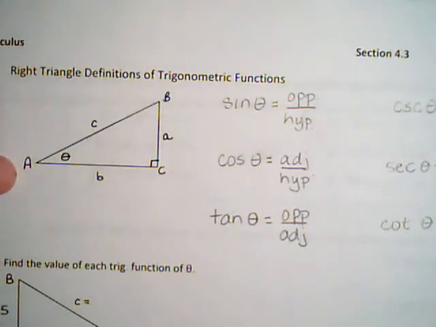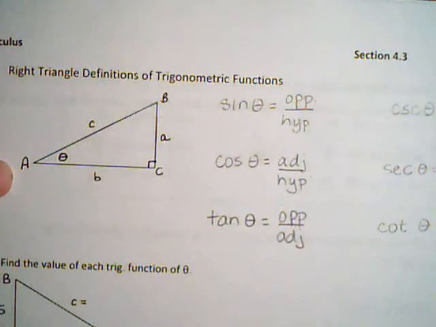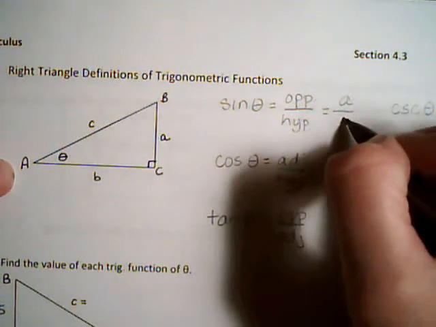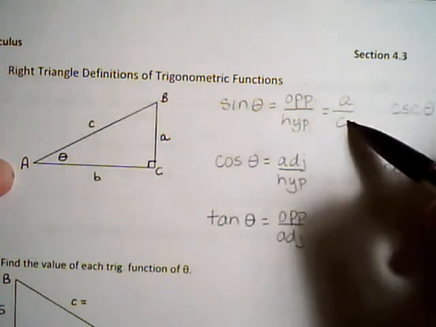So if I wanted to write out what the sine of theta was from this triangle, it would just be A over C. That's opposite over hypotenuse.